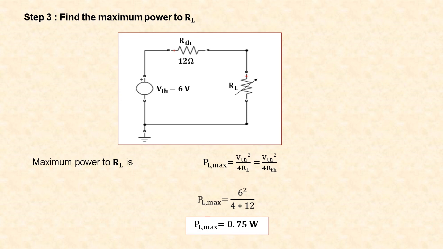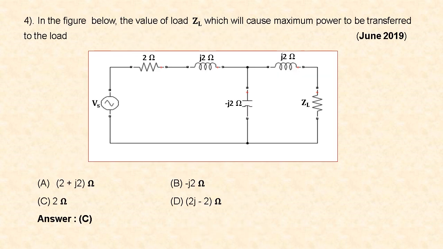The maximum power to RL can be calculated by using the formula PL max is equal to VTH squared divided by 4RL, which is also equal to VTH squared divided by 4RTH. This is equal to 6 squared divided by 4 into 12, which is equal to 0.75 watt. So the maximum power delivered to the load resistor is 0.75 watt.